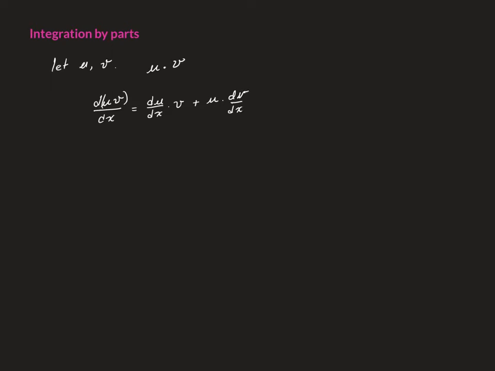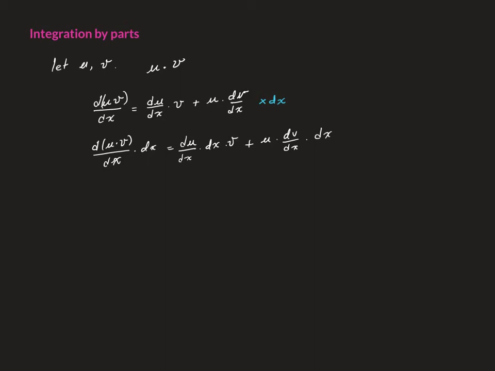Now, what I want to do at this point is multiply this expression by dx. If I do that, I get d of u times v with respect to x times dx. And I'm going to distribute that in the right hand side: du/dx times dx times v plus u times dv/dx times dx.